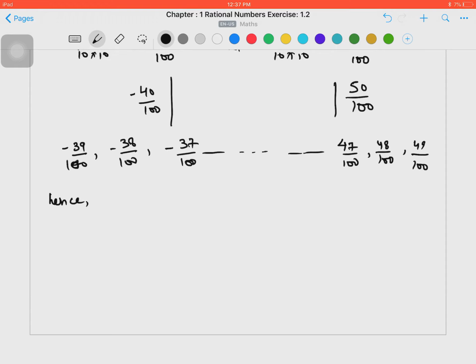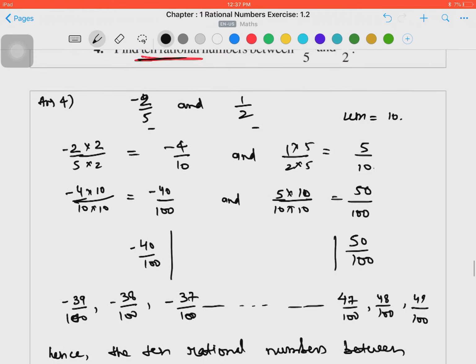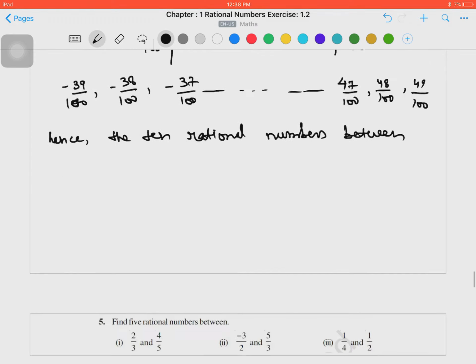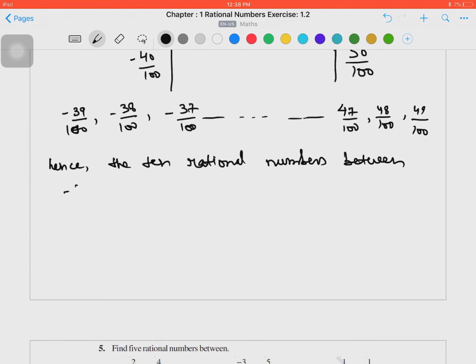Hence the 10 rational numbers between the original numbers, minus 2 by 5 and 1 by 2, are, you can write any 10 numbers out of these numbers. Okay, that will be your answer.